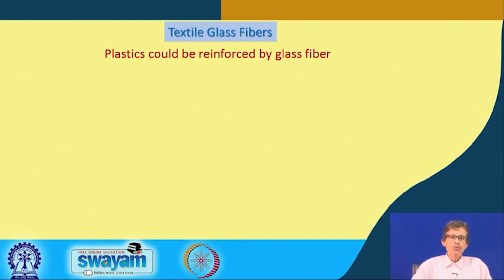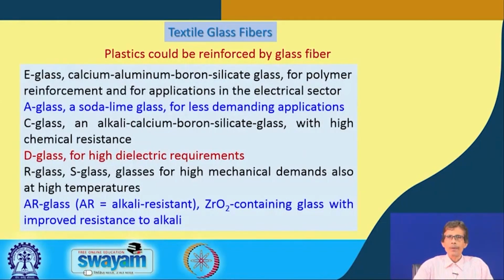So the plastics could be reinforced by glass fiber. If we can put inside the corresponding reinforcement material as glass fiber, we can obtain a different type of material. So a large number of these types, that means glass fiber impregnated plastics or the textile fibers, you can have.